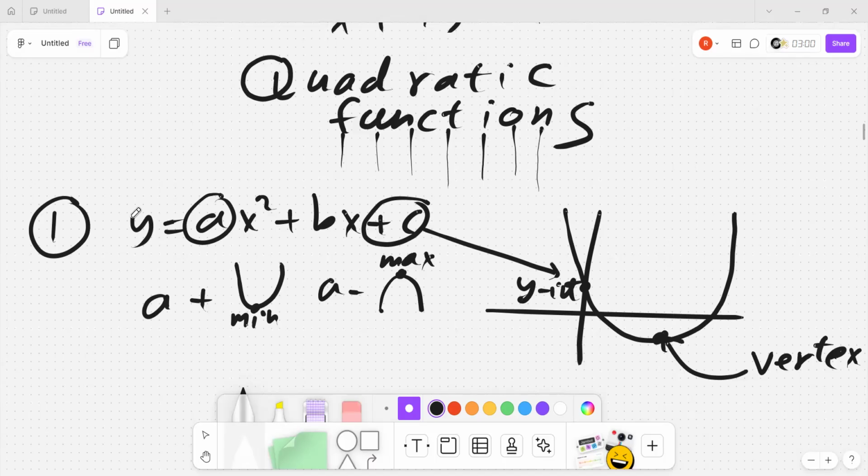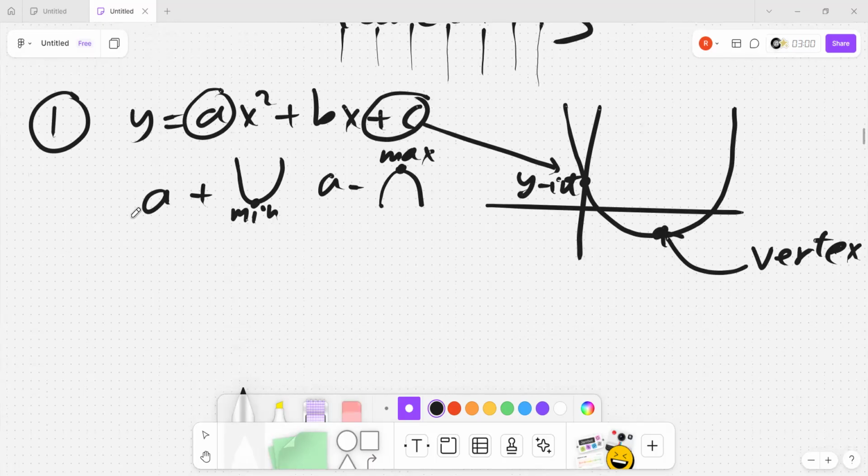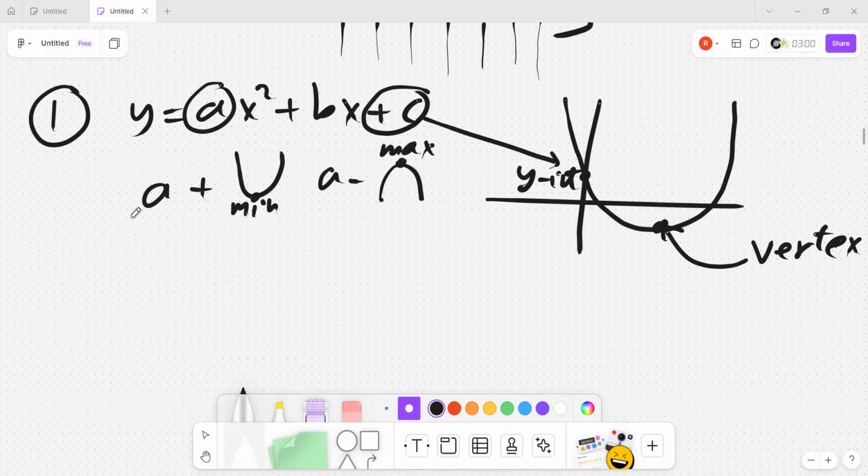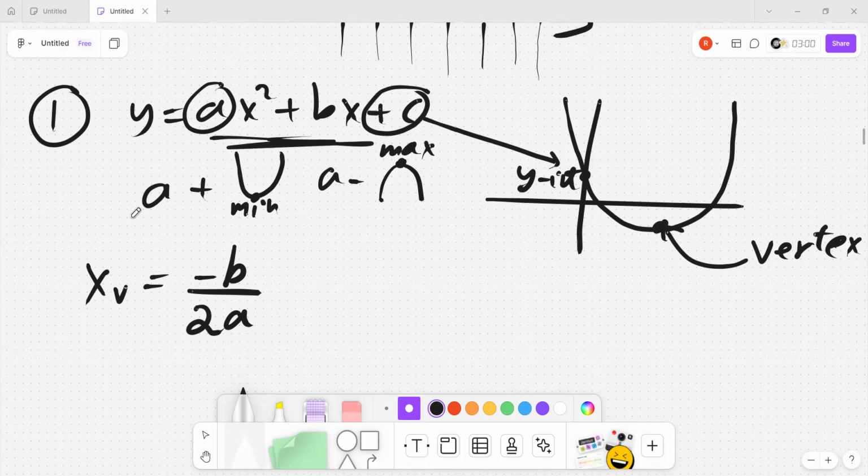How can I figure out the vertex from these equations? From ax squared plus bx plus c, to find the x of the vertex you do negative b over 2a. After you find the x vertex, you substitute it in the original equation to find the y vertex.